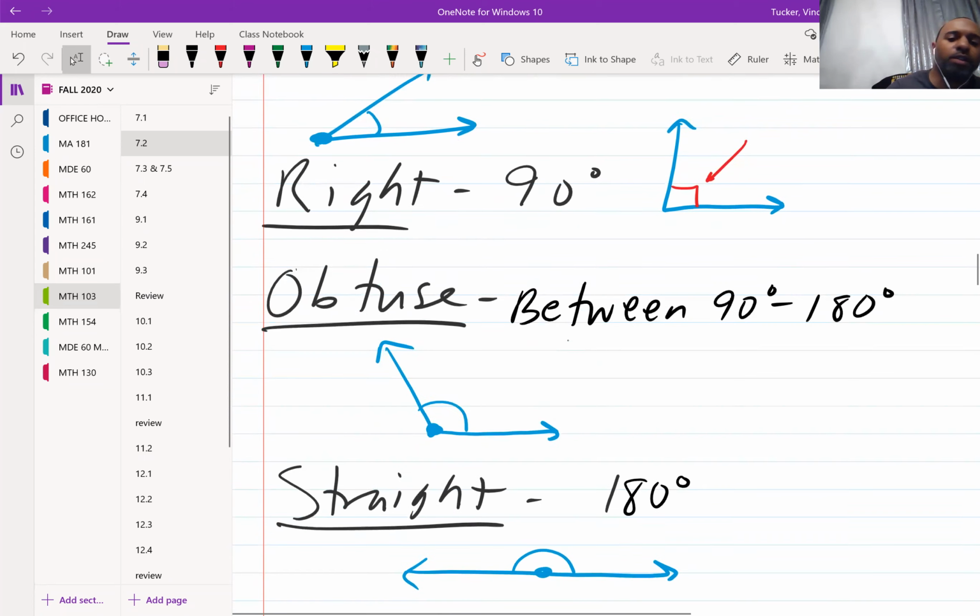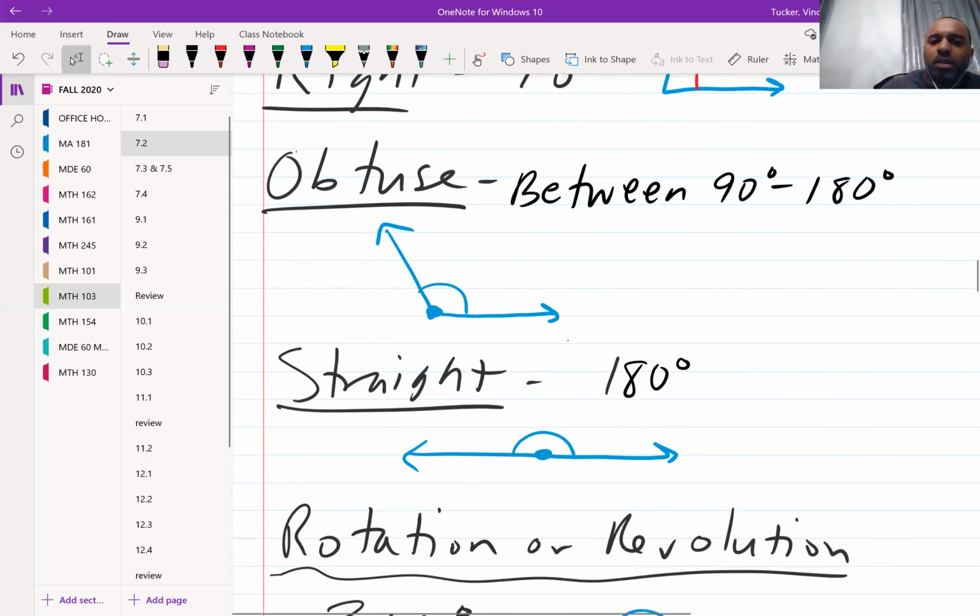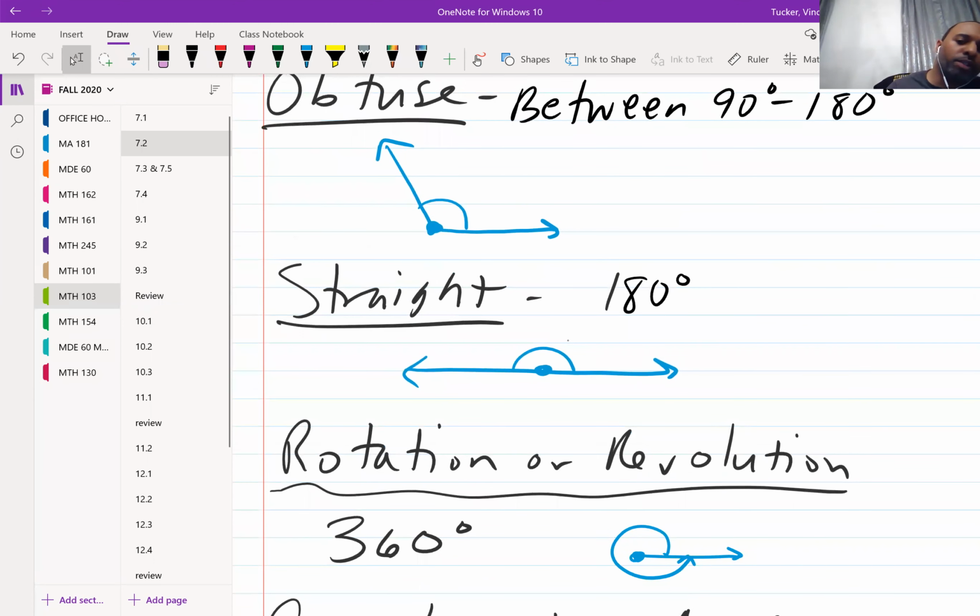Might have 360 in there too. Yeah, rotation. A full rotation or revolution is 360 degrees.